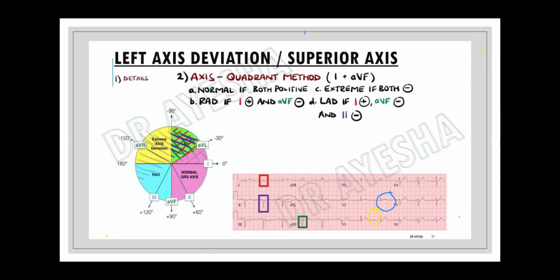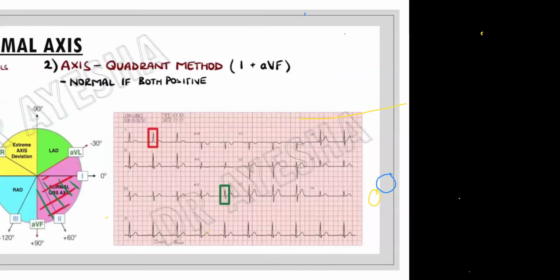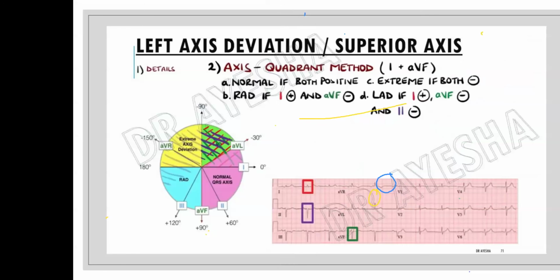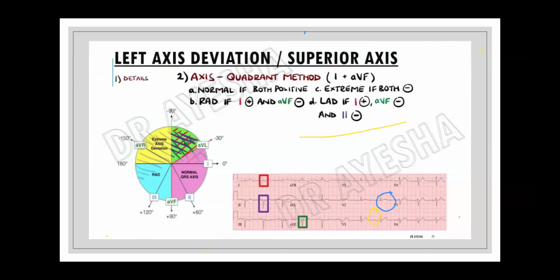See, what I told you: if you see this quadrant, I have this quadrant over here. In this quadrant of the circle, let me draw it. In this upper quadrant I'm talking about, it has two things. What two things?